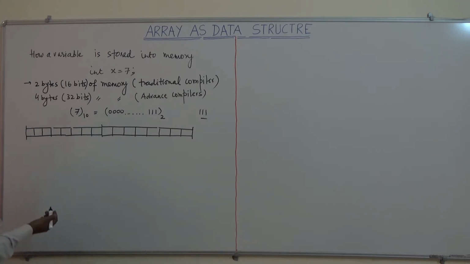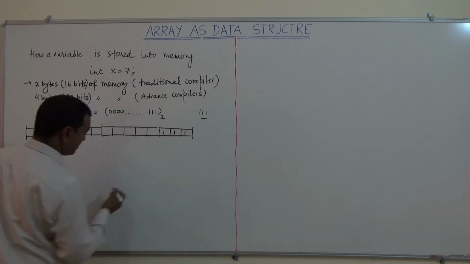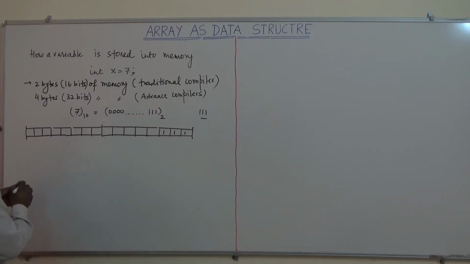Now we can show this as 1 1 1, and these are the 16 bits, 0 0 0 0 0 0 0.